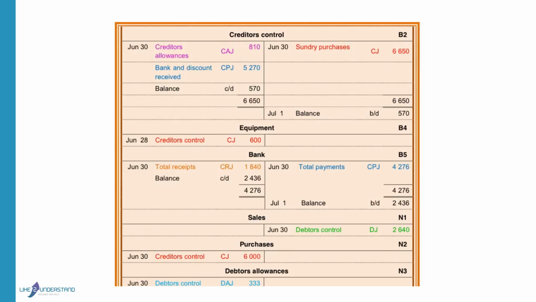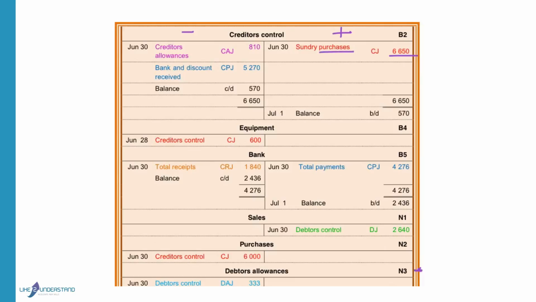Creditors control is a liability. Liabilities increase on the credit side and decrease on the debit side. Purchases will therefore be recorded on the credit side. We bought different things, so you will either write sundry accounts or sundry purchases.